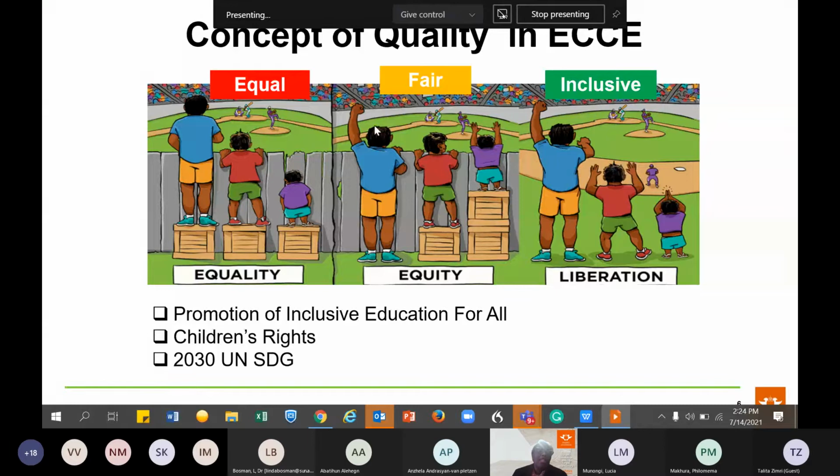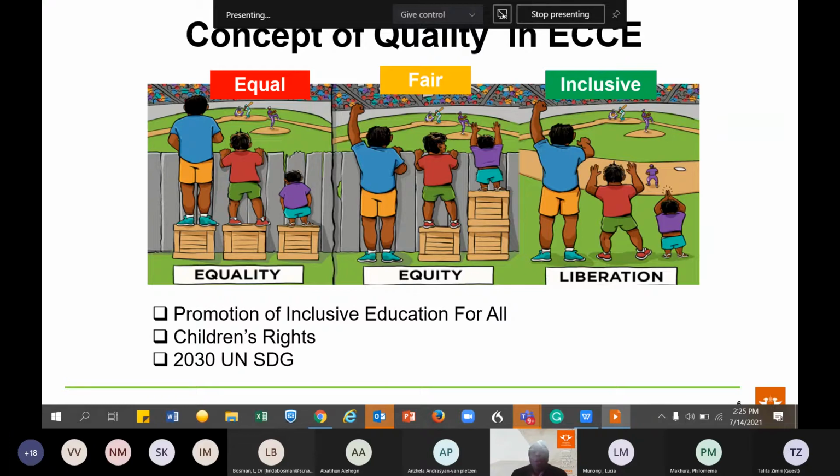But the question is, if we look at this first picture, are we really all equal? And probably most of the time we also use the term equity, and equity talks about fairness. But let us look at the second picture and ask ourselves, when we talk of the concept of quality in early childhood care and education, is this fairness in terms of equity?